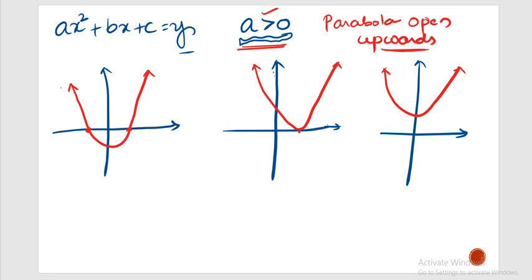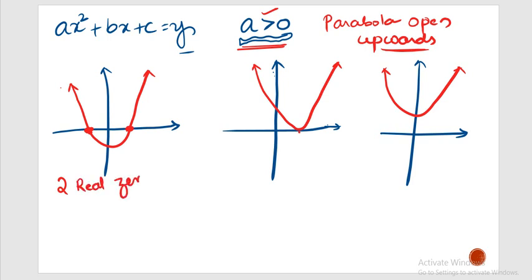Now in this particular situation, we have two real zeros because my parabola is intersecting the x-axis at two distinct points. So when I have two distinct intersection points, I can say that in this situation we have two real zeros.